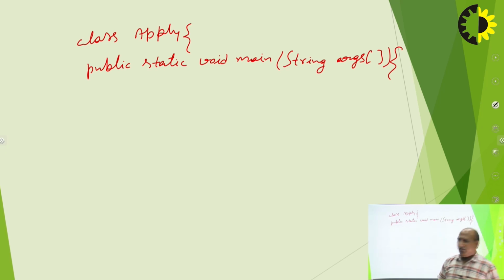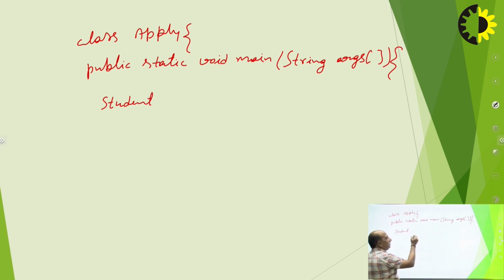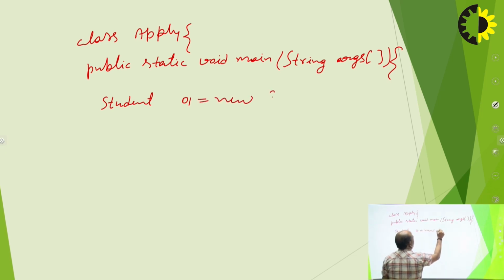To create an object, you have to write the class name. The class name is Student, and after that create the name of the object, which is any identifier. Let's say I have created o1 equals new, then the class constructor Student. I have used here the default constructor that is available with every class by default.